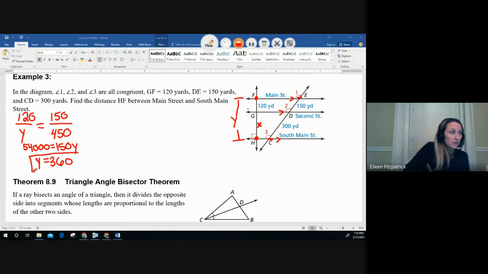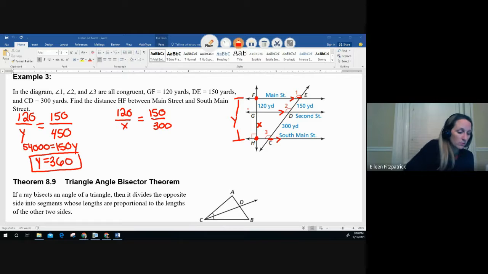But just to show you another option, let's say I solve for X. So let's say I do 120 over X is equal to 150 over 300. Now when I cross multiply 120 times 300, that's going to give you 36,000 is equal to 150x. Then divide by 150 and you get 240.